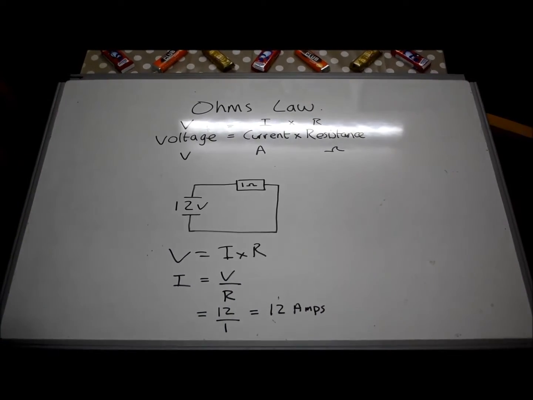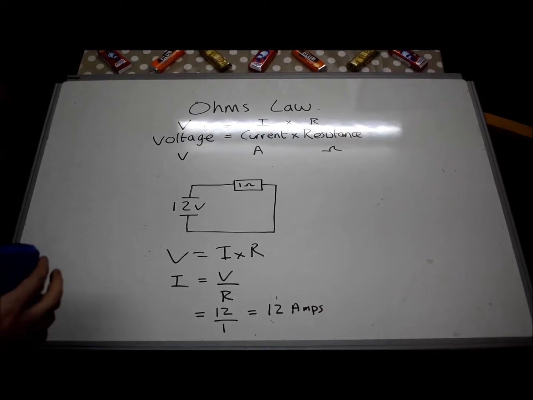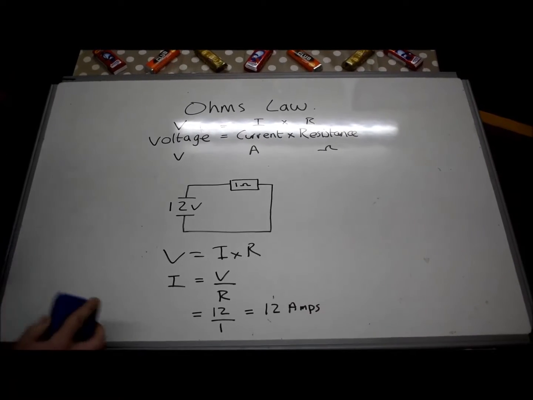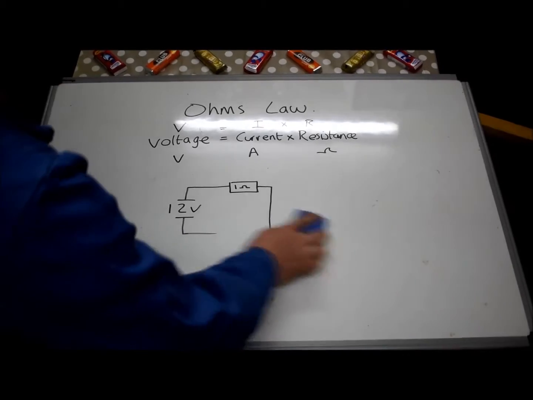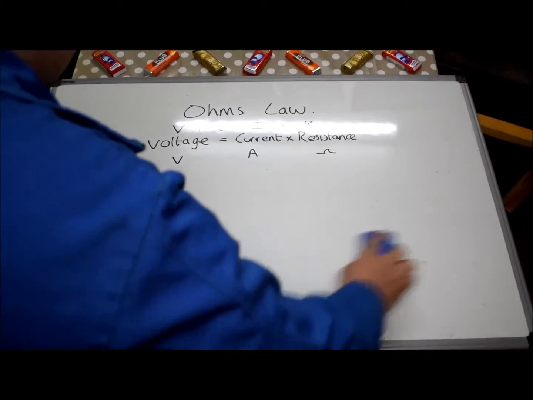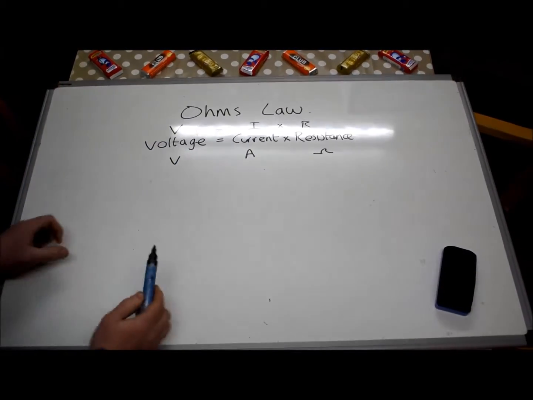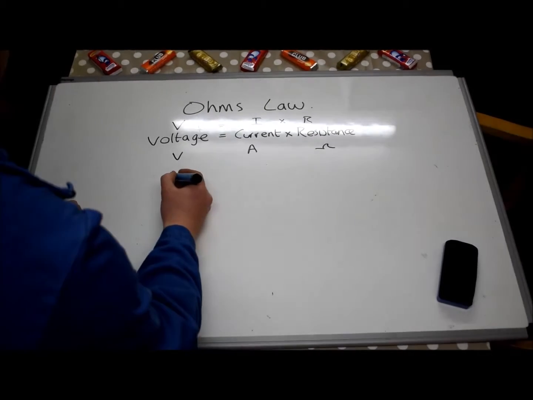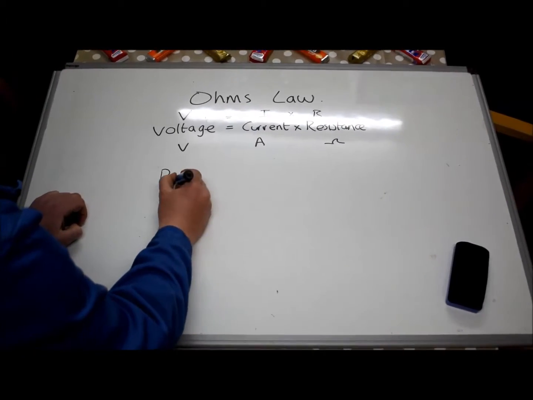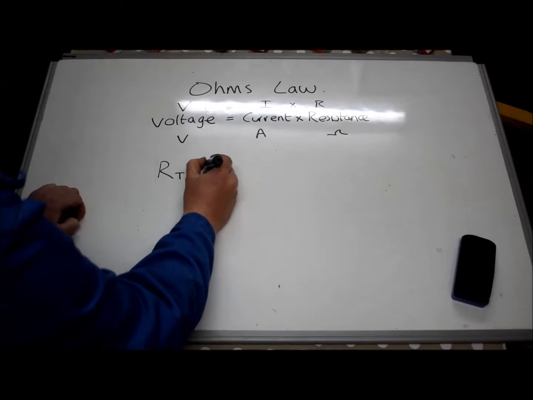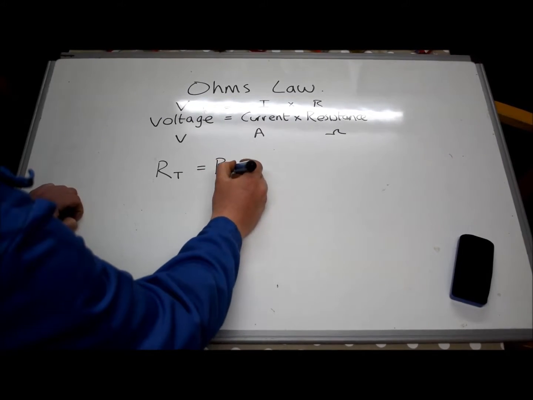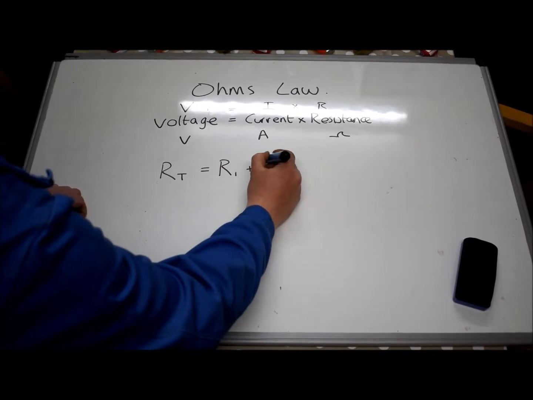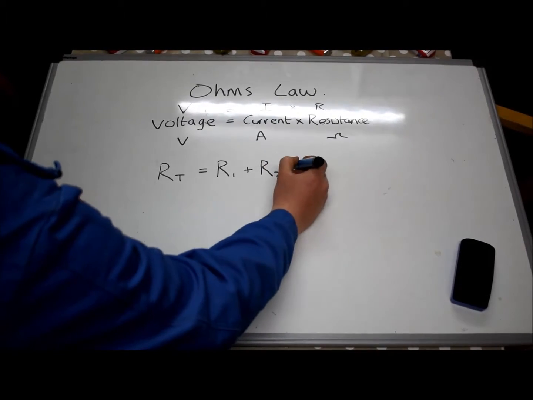Now if we progress to multiple resistors in series circuits, we can introduce a new equation where the total resistance of the circuit is equal to each individual resistor added up.